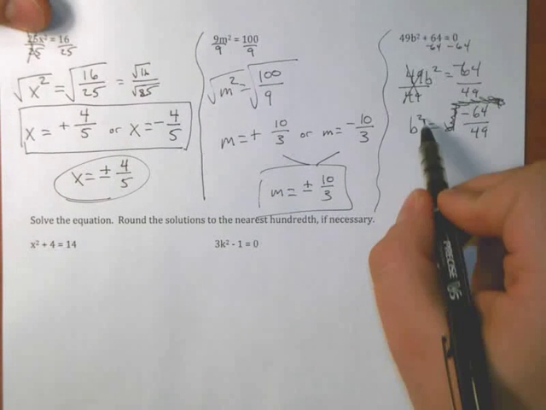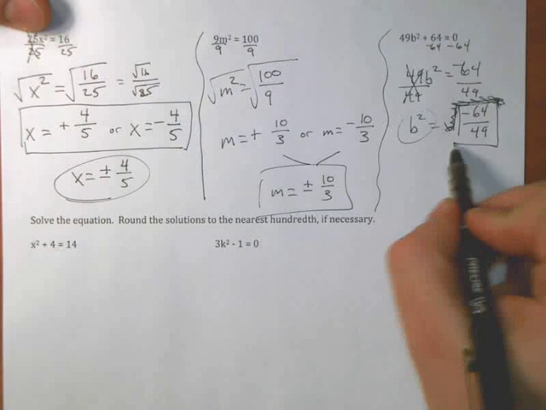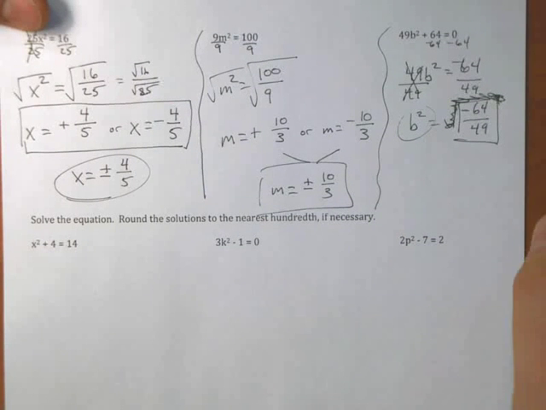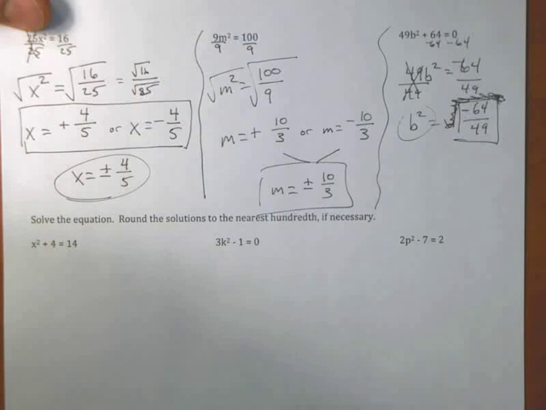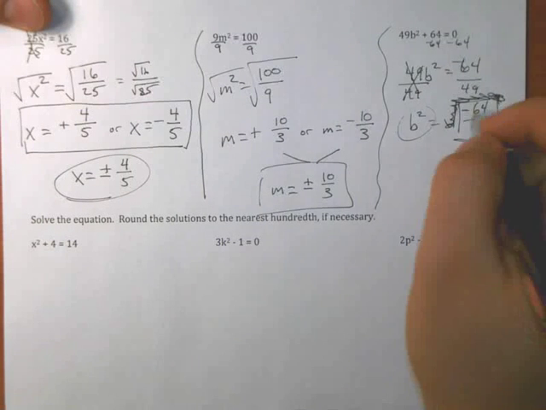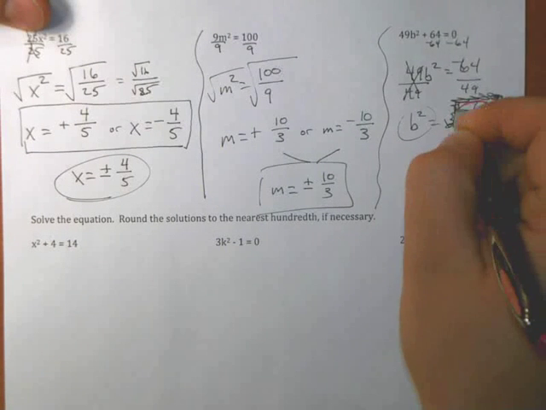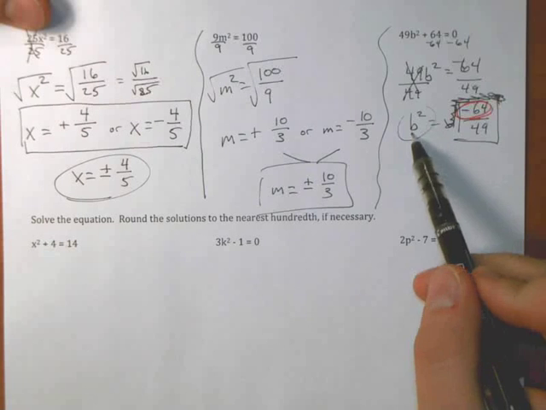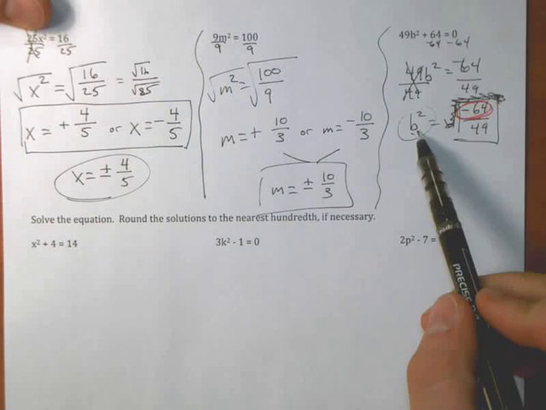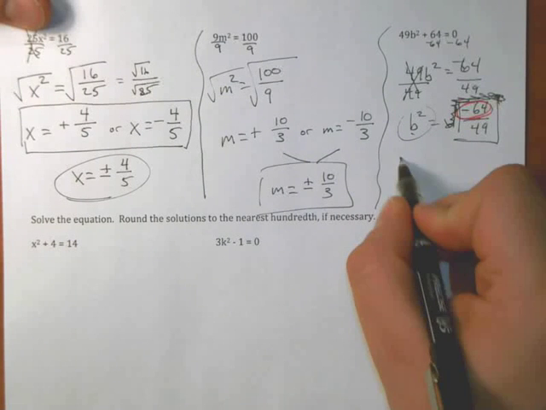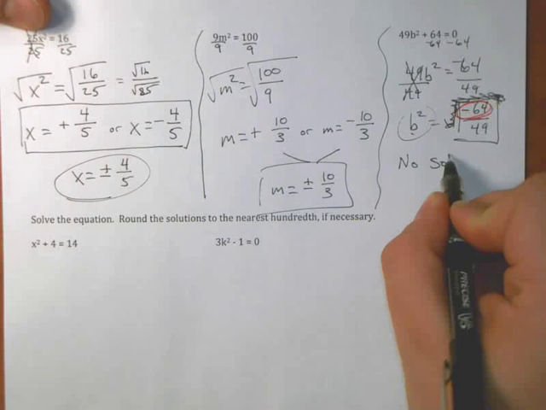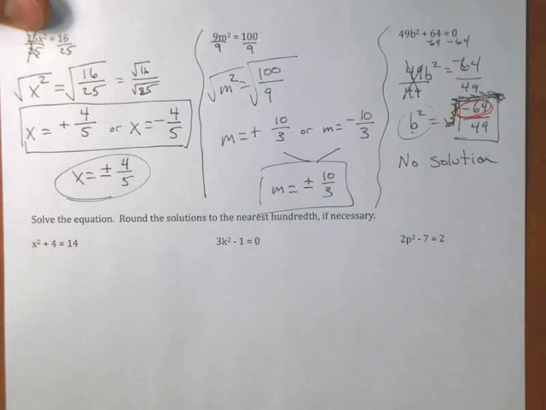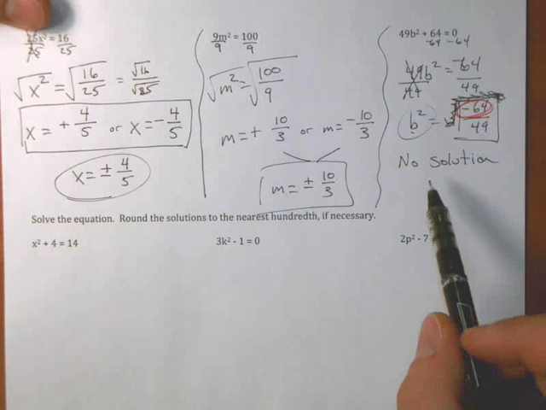I look to take the square root, but then I stop myself and say, what's being squared is equal to a fraction that, although it looks like it has nice numbers, has one major problem. It's negative. I'm asking for what times itself is a negative number. It ain't possible.